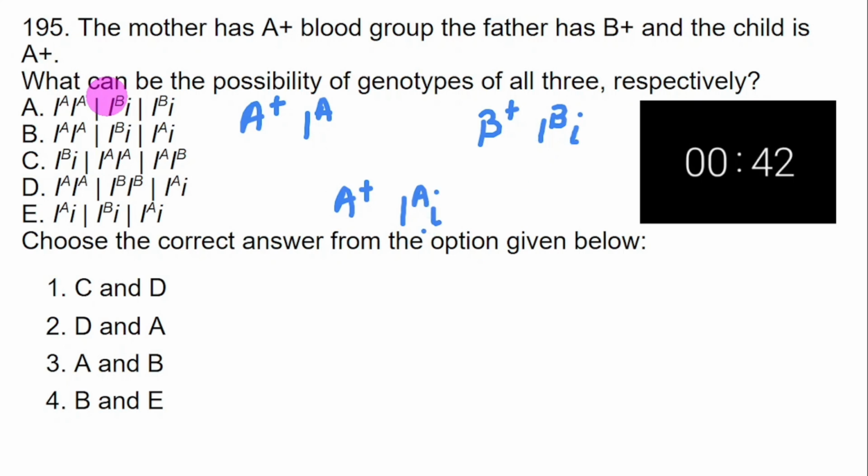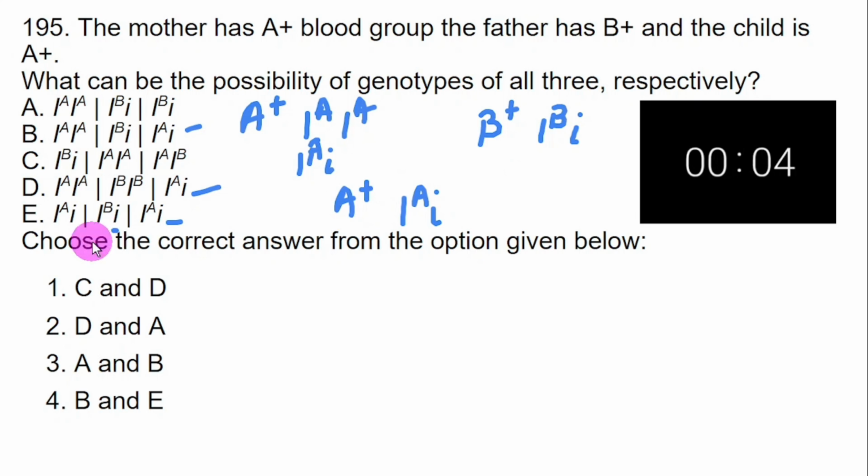So this is the genotype of child and the parent. This could be both heterozygous as well as homozygous. So let's find out. This is the child. And then father is, I will have to add 1 more minute to the timer. So father is B positive.